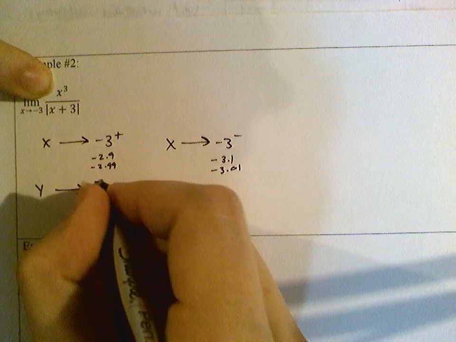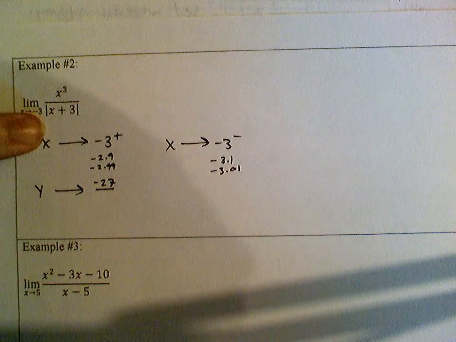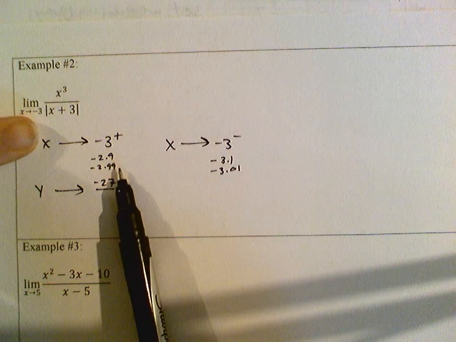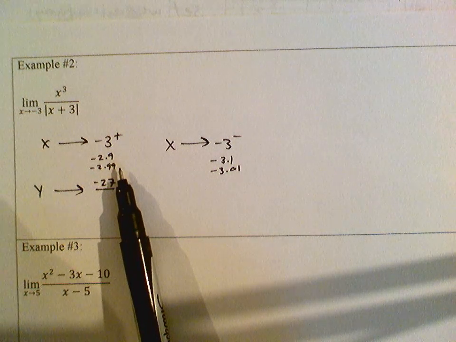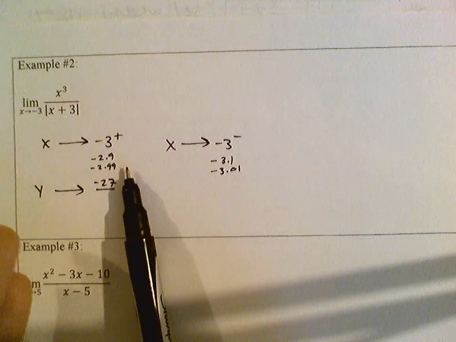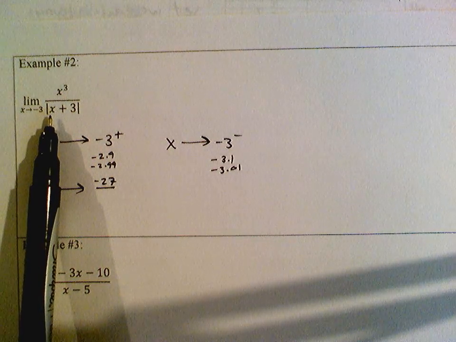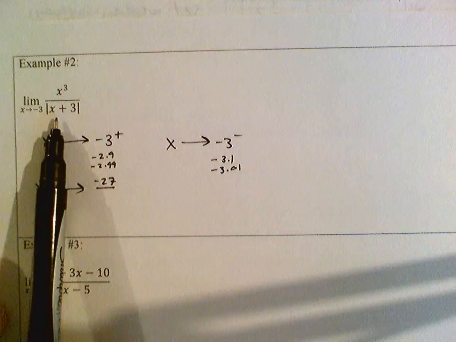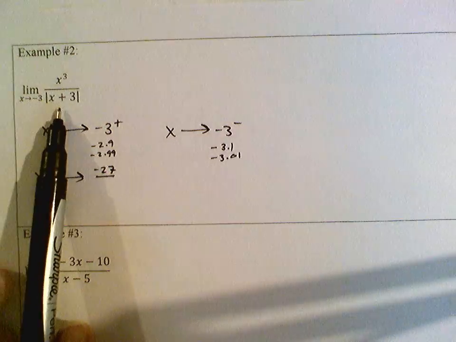So I've got about negative 27 in the numerator. And in the denominator, I'm pretty close to -3, but on the number line to the right of it. So if I plug in like -2.99999 plus 3, I'm going to get a very small positive number.